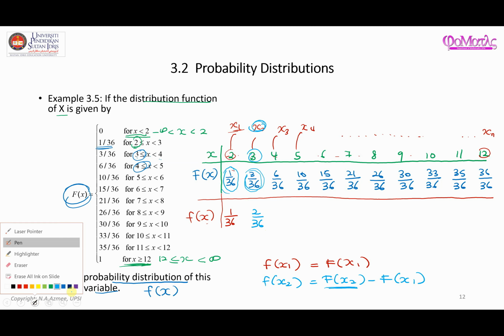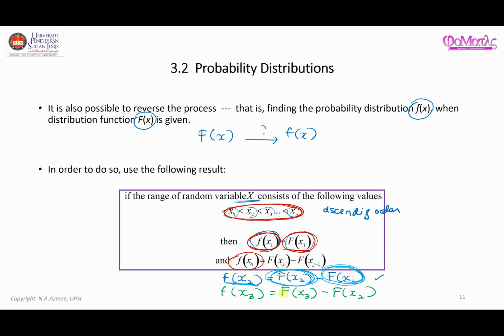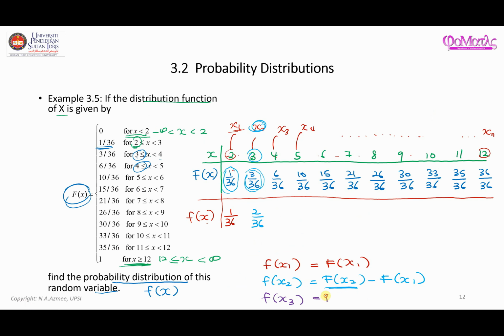Next, if you want to find f(x3), we consider the cumulative probability for x3 minus the cumulative probability for x2. So we take this one minus this one. 6 minus 3 is 3 over 36.